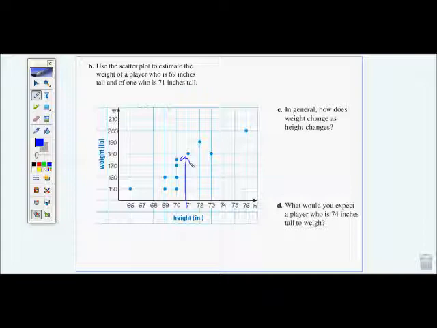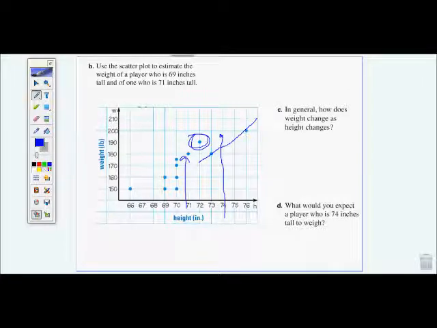The 73-inch player weighs 180 pounds, and the 76-inch player weighs about 200 pounds. So if I looked at that data, I could estimate and say that a 74-inch tall player could possibly weigh between 190 and 195 pounds. I got that by looking at these lines here, and then looking at my 74, and I also considered this point here of the 72-inch one.